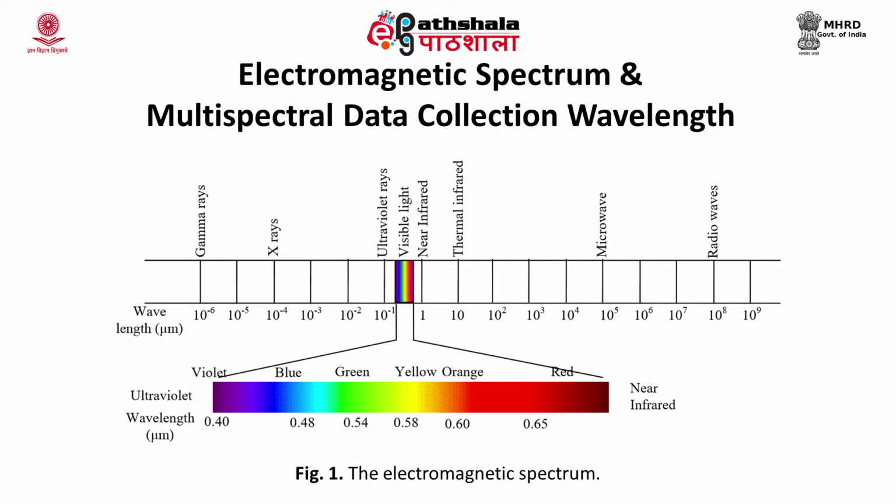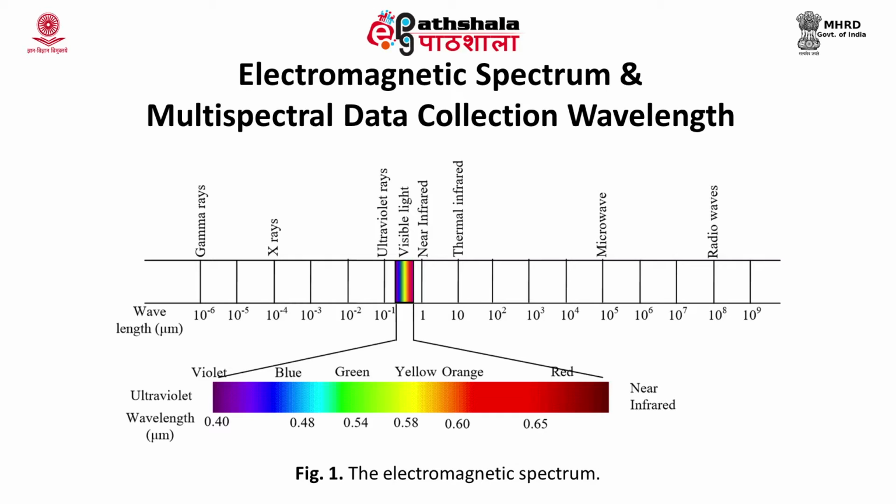So, in this slide we can see figure 1, which illustrates the whole electromagnetic spectrum. The arrow mark at the top of this figure indicates the range starting from ultraviolet rays to the thermal infrared region, and the visible spectrum is elaborated below.